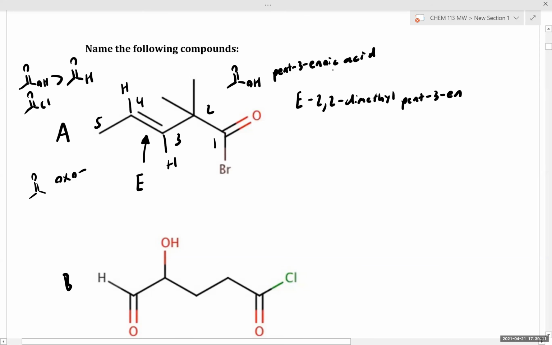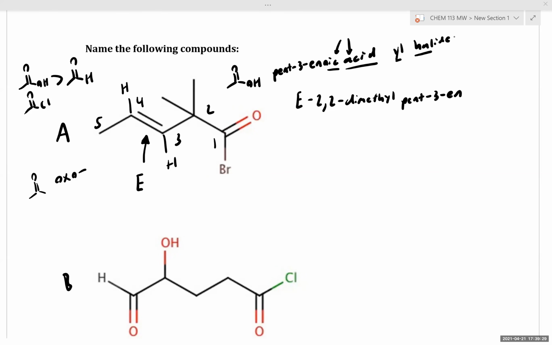And as a reminder, we replace the IC acid ending with YL followed by the halide name. So with that in mind, carbonyl bromide applies to cyclic species.